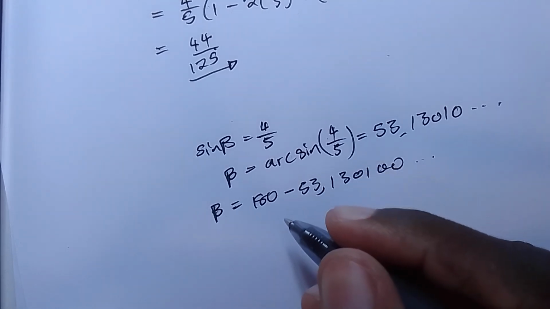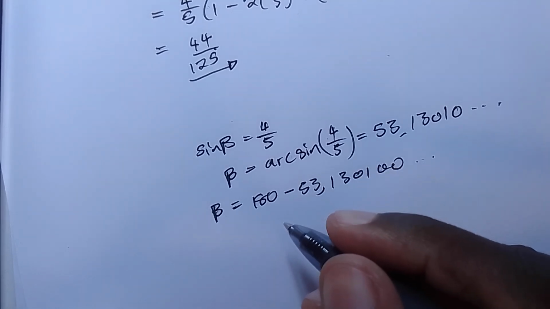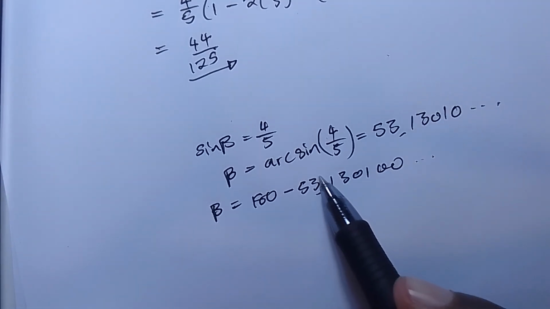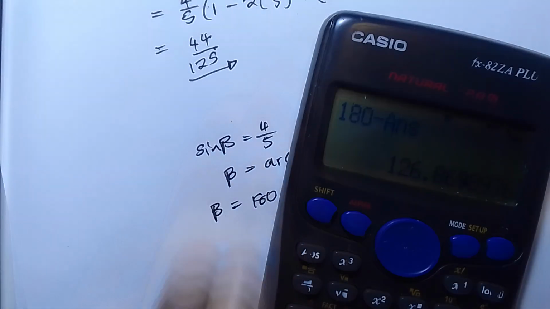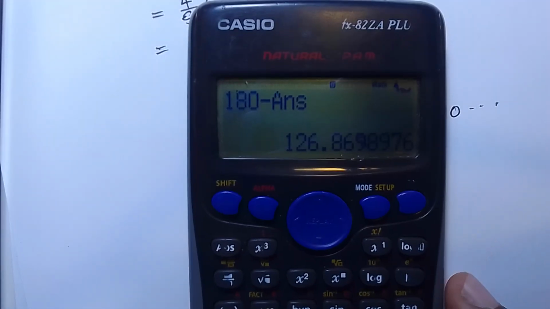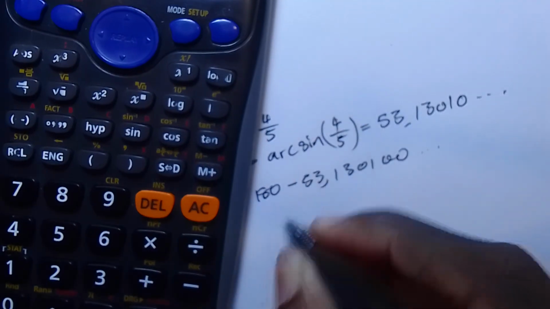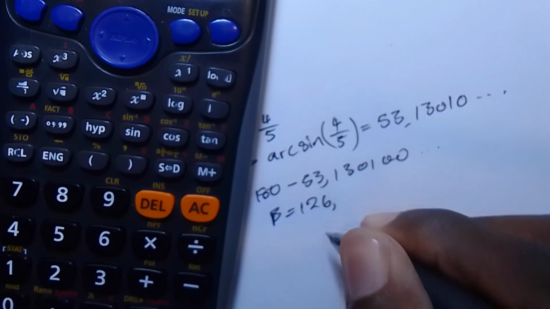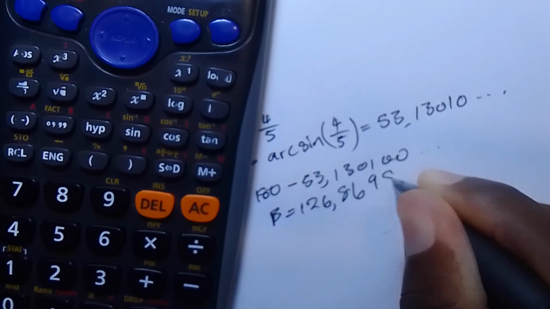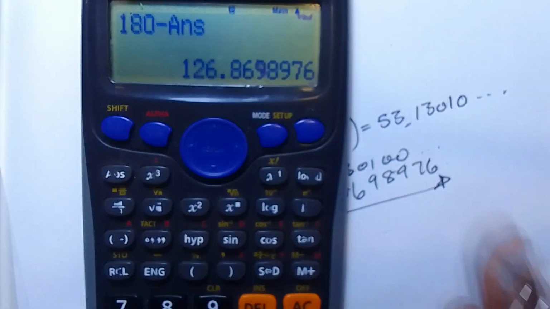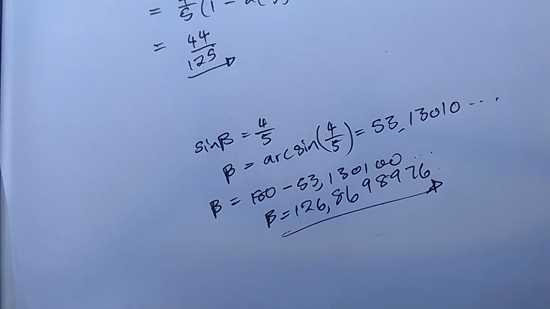So I'm going to write now on my calculator 180 minus that, because that's where we decided sine is. I'm doing it on the side. That's 126,8698. Try to keep the commas and not move them. So your beta is equal to 126,869,8976.